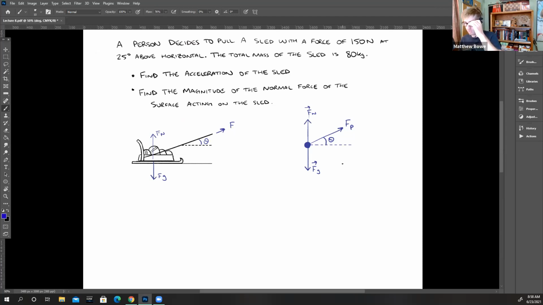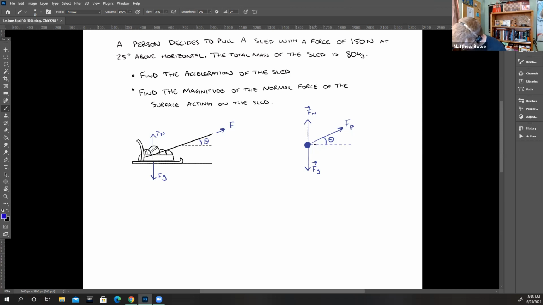Something that we know we're going to have to do is split this up into its components. So before I even do that, I know this is a vector at an angle, and I'm going to split it into its horizontal and vertical components. So let's just do that right now.